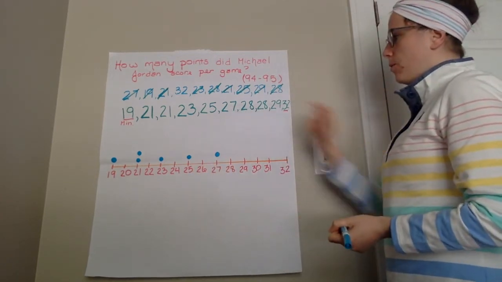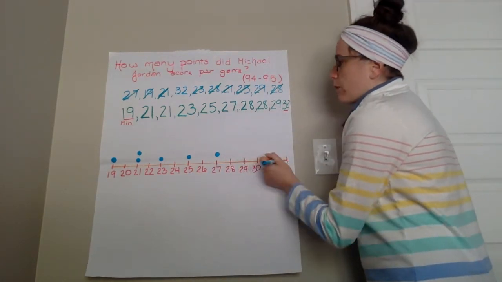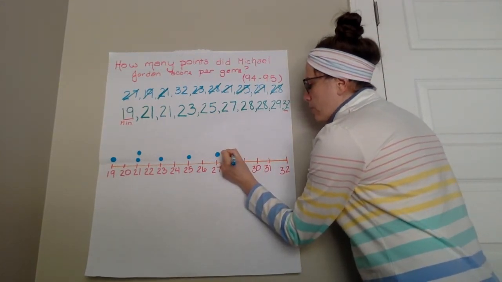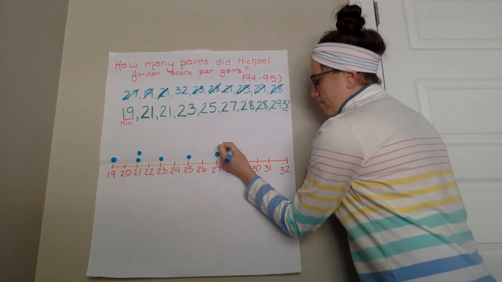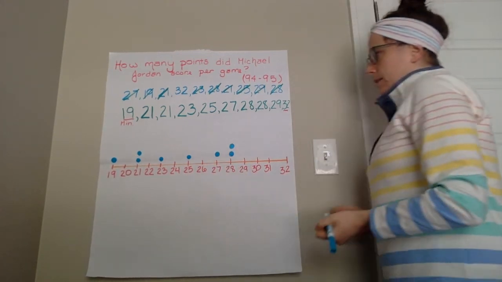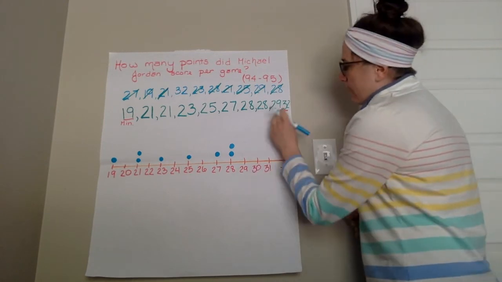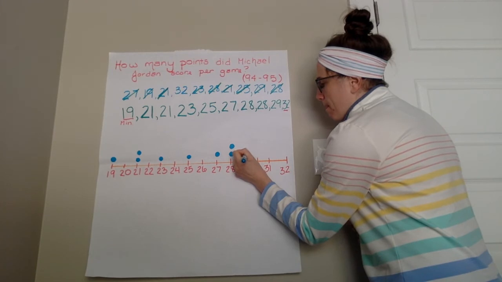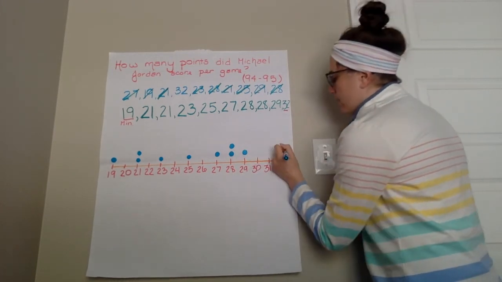One dot, one game where he scored 27. Next I have 28. Now there were 2 28s in my data set. That means I have 2 dots. Okay? Then 29 and 32.